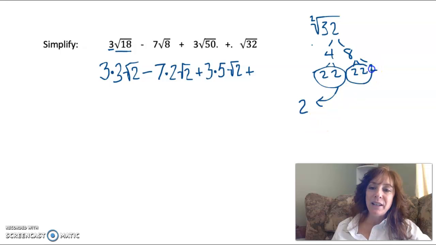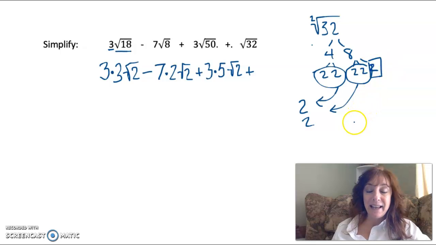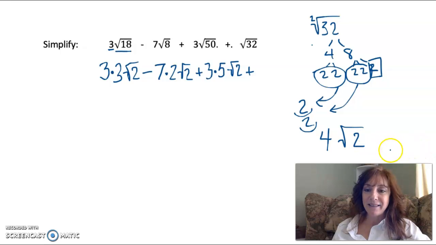And I have 2 more 2's, and they can come out as a 2. And this last 2 is stuck under the radical by itself. Now, how does that help me? Well, the square root of 32 becomes this 2 that came out times this 2 that came out, with the last 2 stuck under the radical.